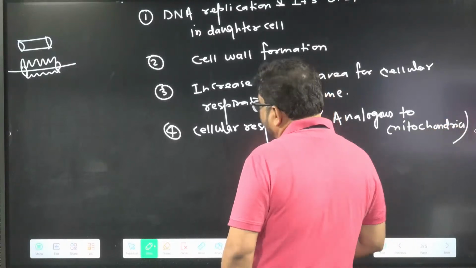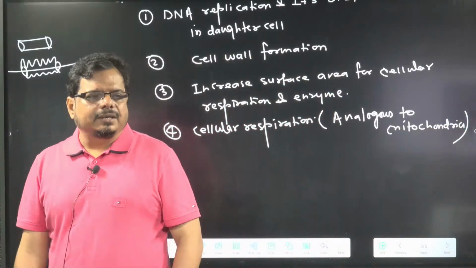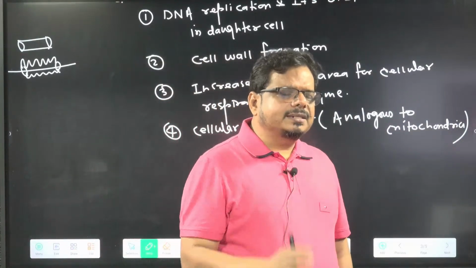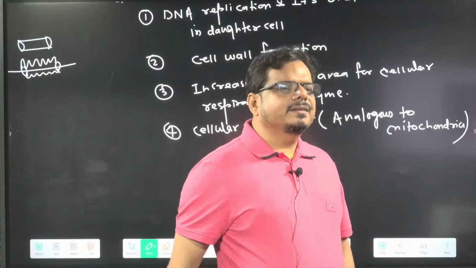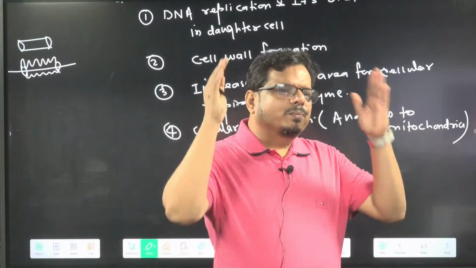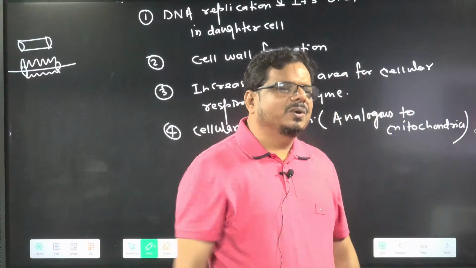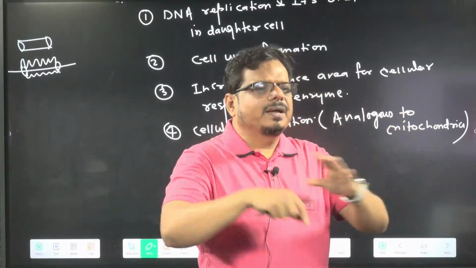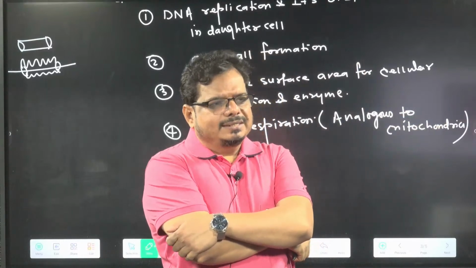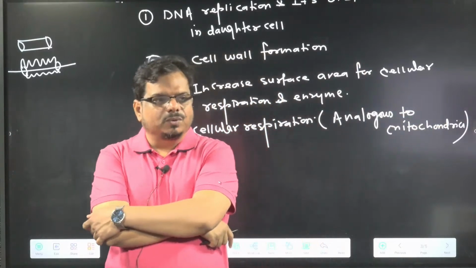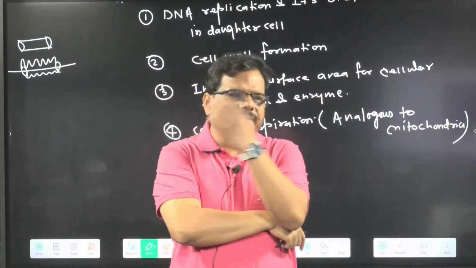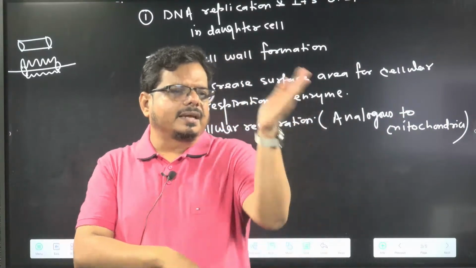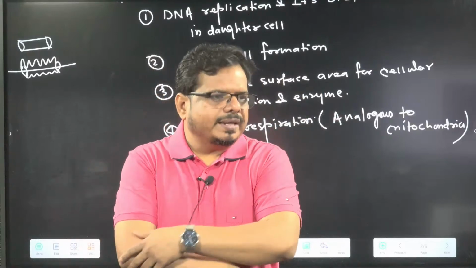So how interesting, in prokaryotic cell plastid is missing, chloroplast is missing, mitochondria is missing, and the function of both chloroplast and mitochondria is done by extension of plasma membrane. Work of chloroplast is done by extension of plasma membrane, and work of mitochondria is done by extension of plasma membrane.